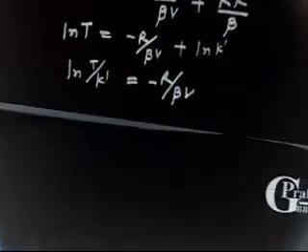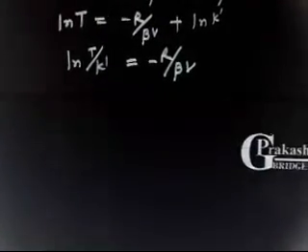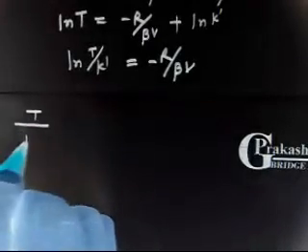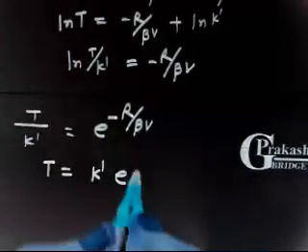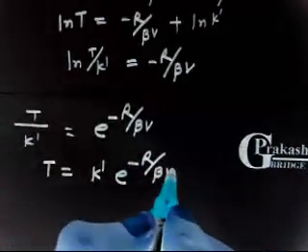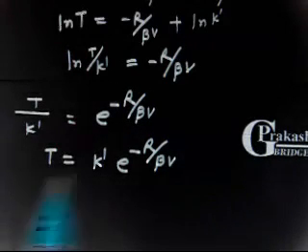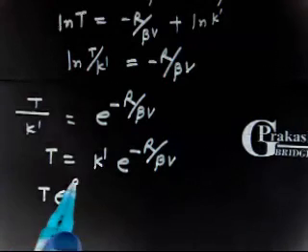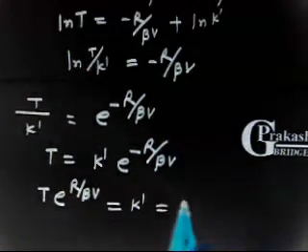If you turn this into exponential form, I think all of you copied this one, t by k dash is equal to e to the power minus R by beta V. Now you can write t is equal to k dash times e to the power minus R by beta V. So this will be the equation. If you want to write it this side, we will have t e to the power R by beta V is equal to some constant k dash, that is a constant.